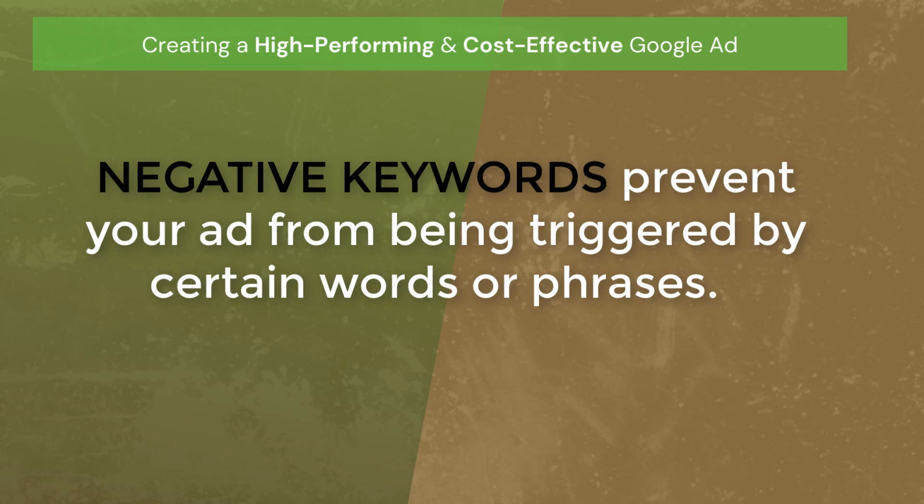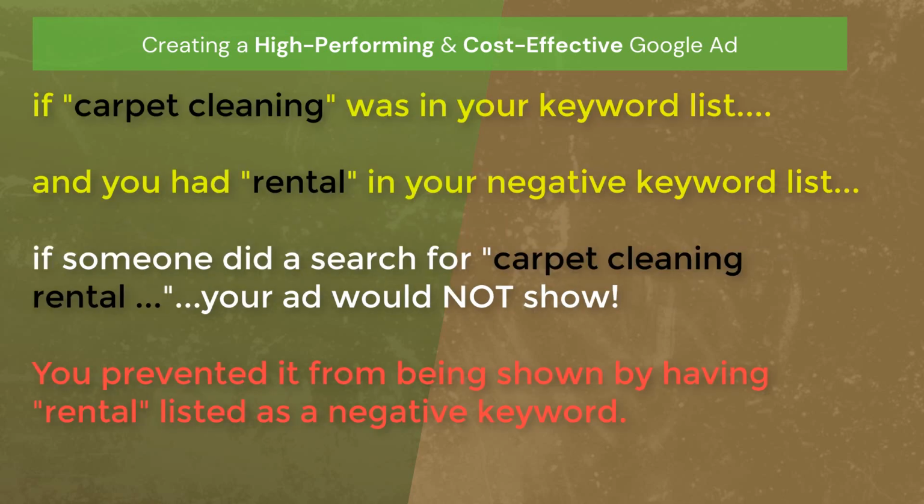And briefly, a negative keyword list is adding a word, and if that word is in the search result, your ad won't be displayed. So if you had carpet cleaning as a broad match term, and in your negative keyword list you had rental, then if somebody did a search for carpet cleaning rental equipment, rental machine, your ad wouldn't show.